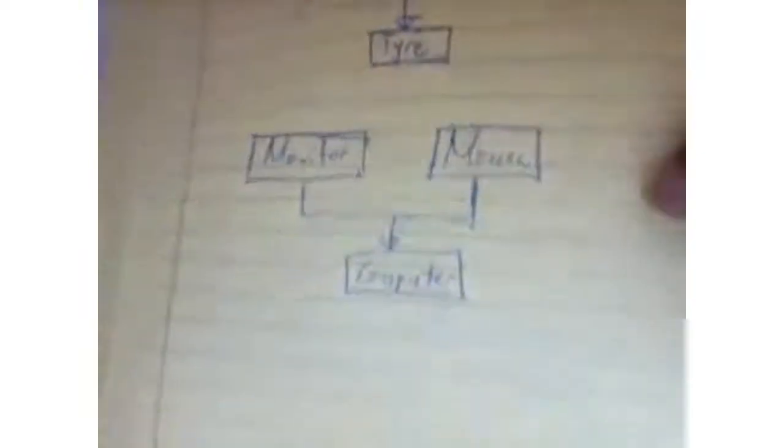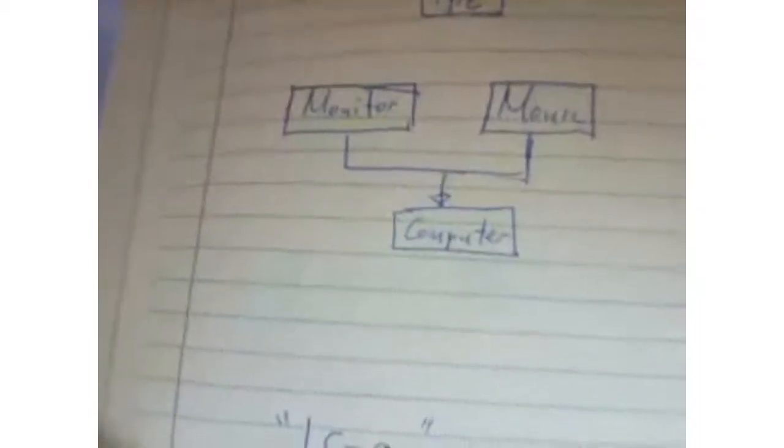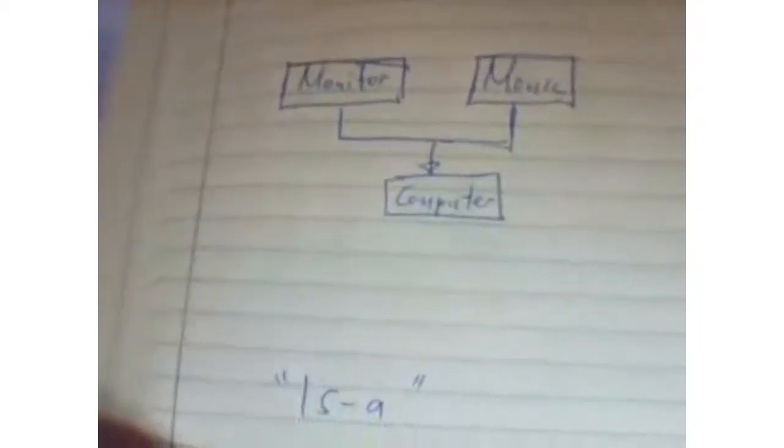For instance, in this relationship here, can you see that? Monitor, mouse, and computer. Is it an is-a relationship or a part-of relationship?